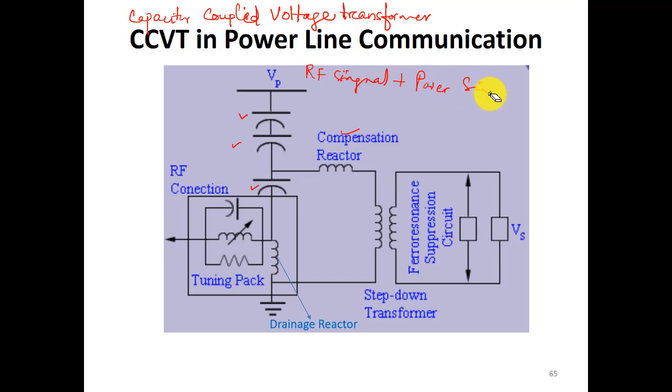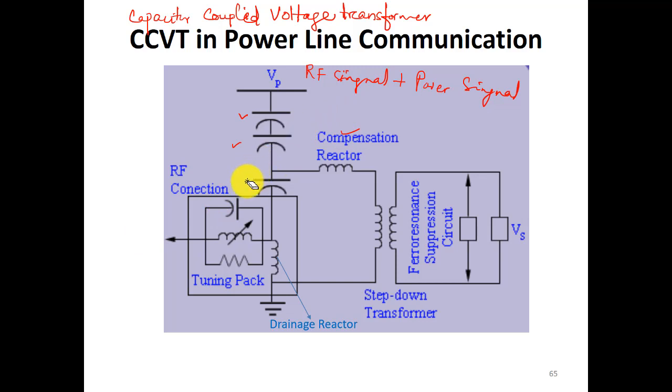Because the RF signal is high frequency, these three capacitances provide a low impedance path to it, and therefore it can be transmitted very easily directly to this wave trap, where the tuning pack is there. Through the wave trap, the signal is transmitted to the control centers, right?